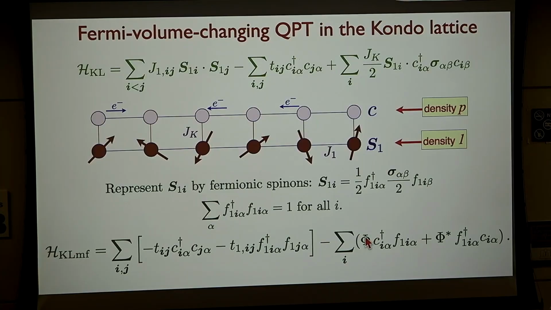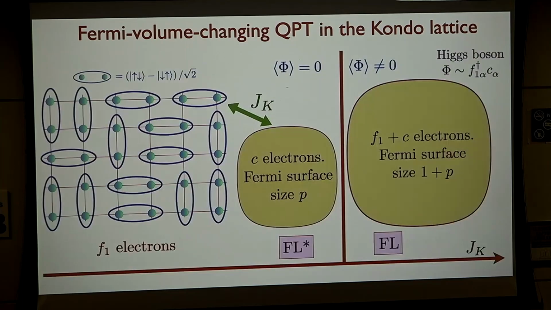So in the early days, this was just done for these two terms. You didn't put the exchange interaction between the S1 spins. But if you put those in, what you find then is that there are actually two possible solutions. One is phi non-zero, and the other is phi equals 0. So when phi equals 0, the spin liquid and the conduction electrons decouple from each other. And so that's the basic picture, okay?